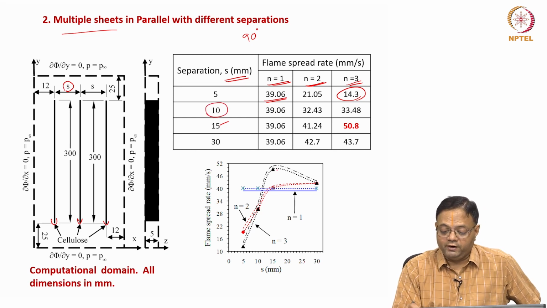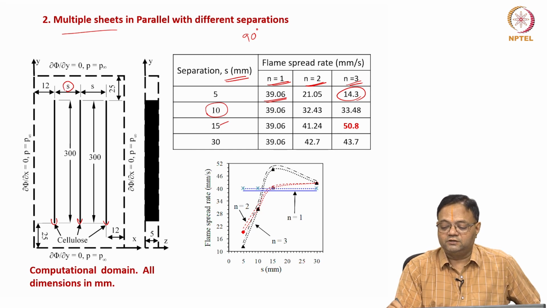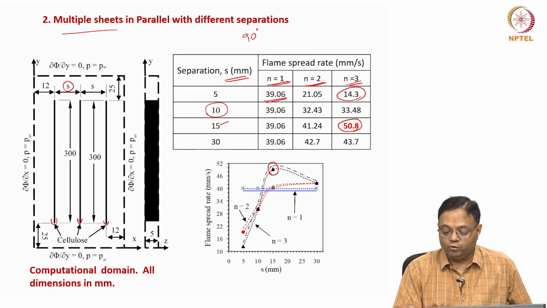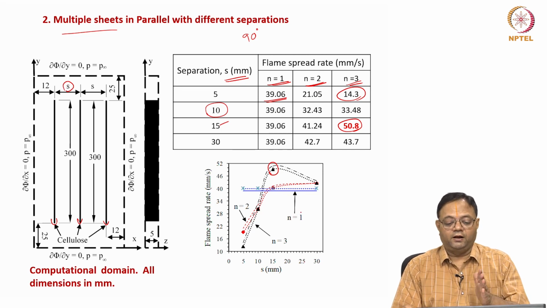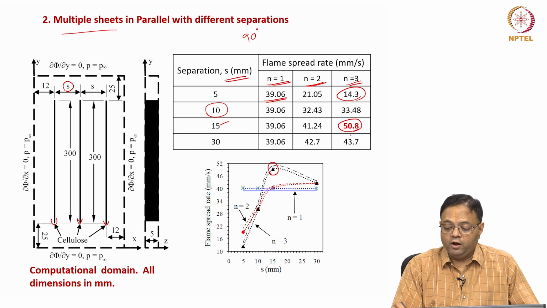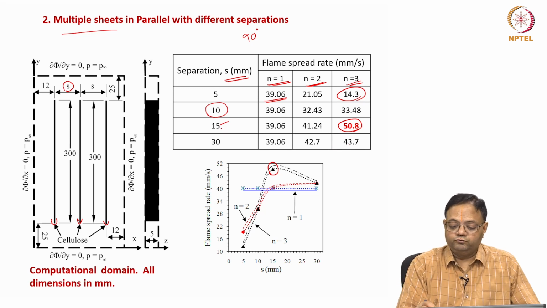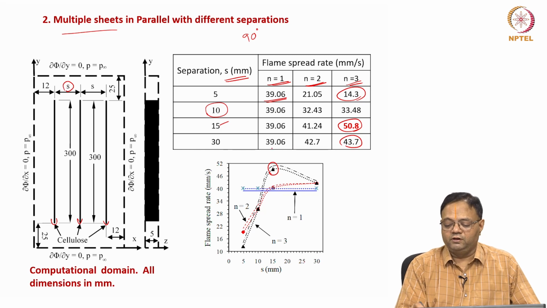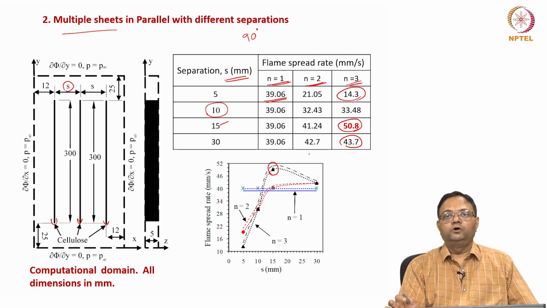When you go to 15, it actually exceeds both cases, that is the single sheet as well as the double sheet cases, and records the maximum flame spread rate. So, this is the graph for the n equal to 3 case, that is 3 sheets burning, and after that when you increase beyond 15, to 30, it drops to almost the same. So, this is 40, this is 42, 44, so not much difference.